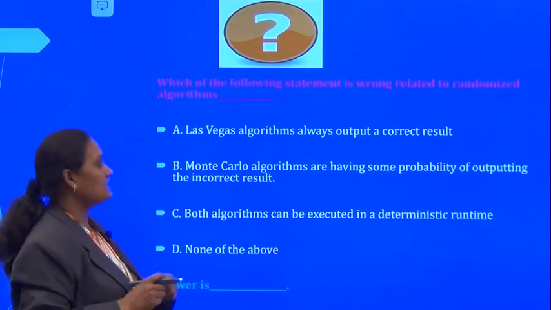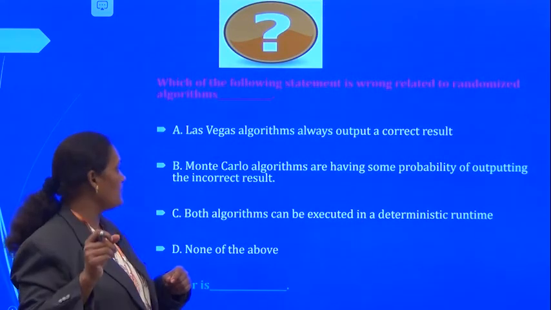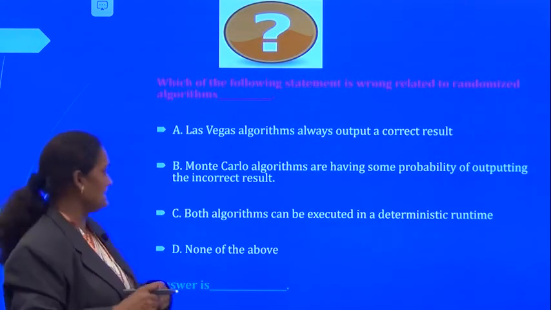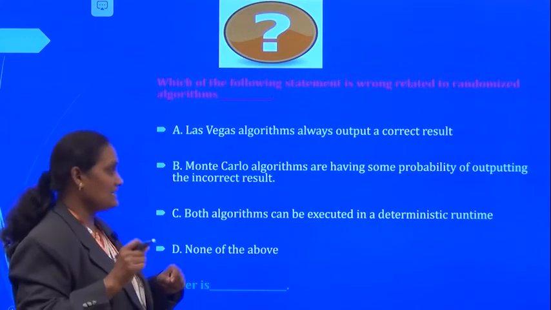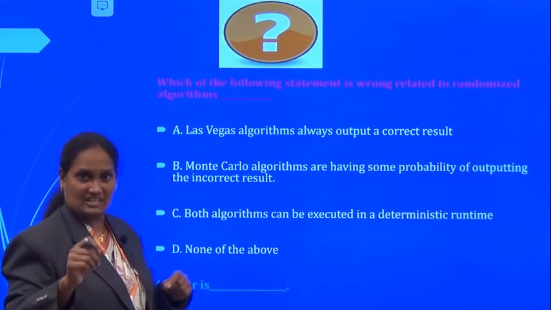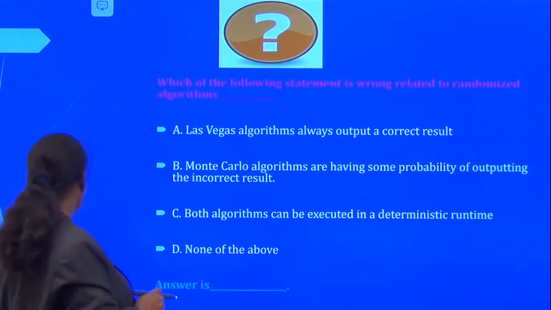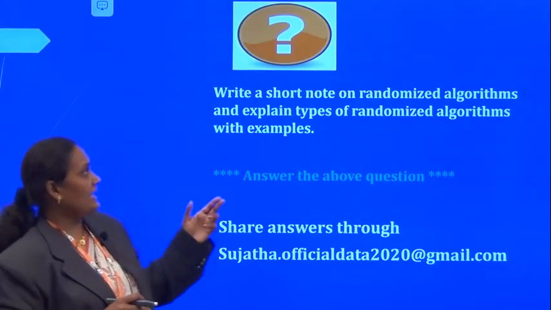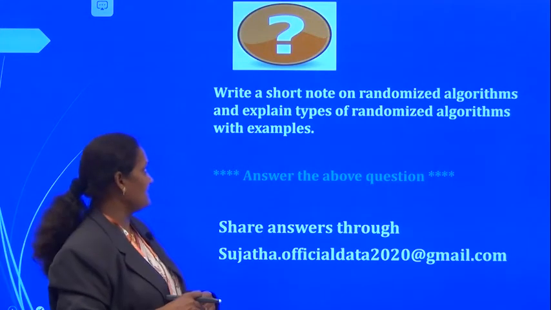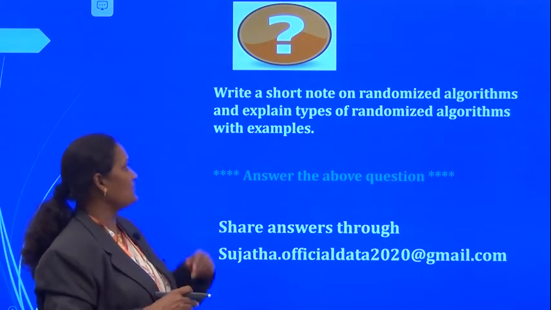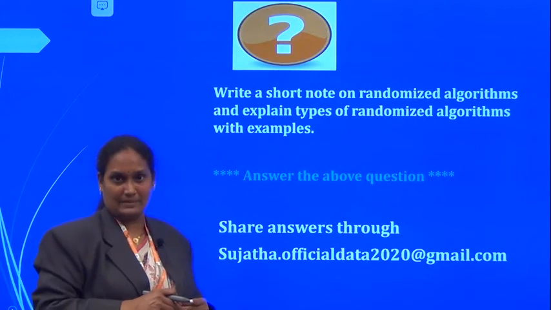Option B, Monte Carlo algorithms have some probability of outputting an incorrect result. Option C, both algorithms can be executed in a deterministic runtime. Option D, none of the above. The next question is: write a short note on randomized algorithms and explain the types of randomized algorithms with examples.